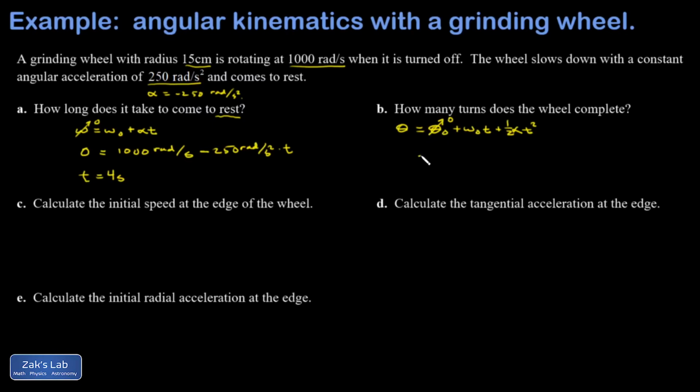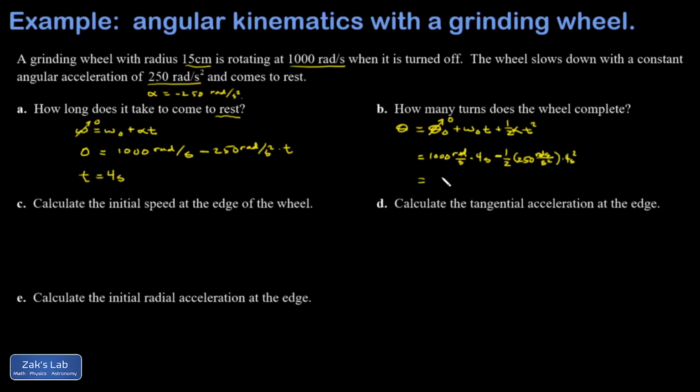And so I get omega naught t, so that's 1,000 radians per second times how much time went by. That's 4 seconds. And then my second term is negative because alpha is carrying that minus sign. 250 radians per second squared times t squared.